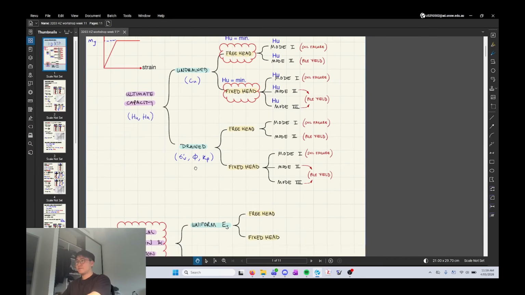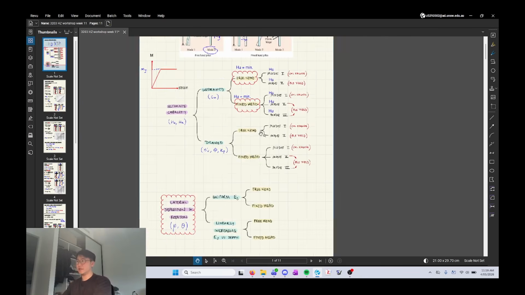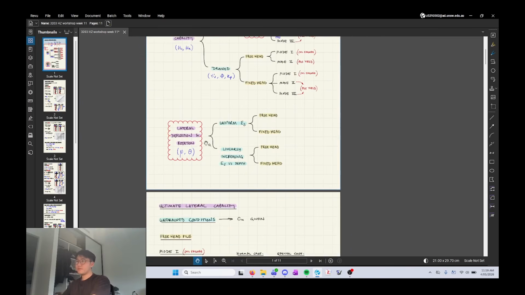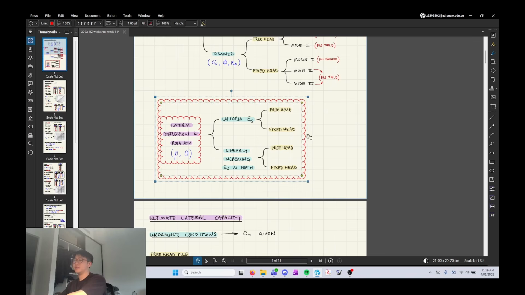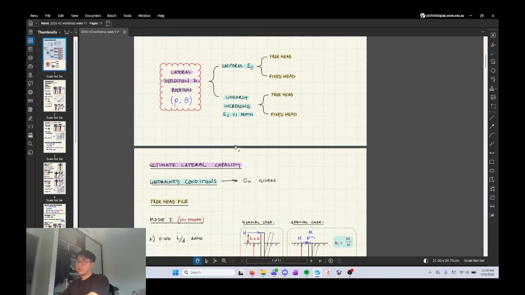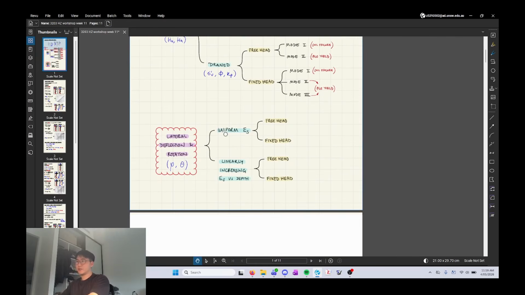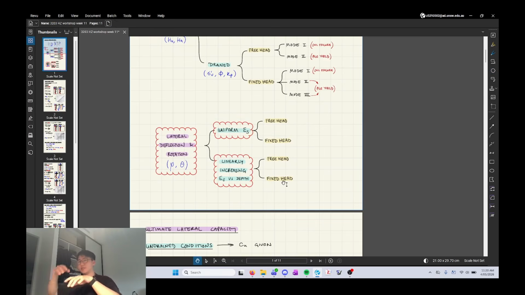Okay, and this is similar for drained, but the formulas are different, okay? But the theory is the same. Okay, and then we'll talk about serviceability, or how much it rotates and deflects at the top, at the ground level later. Oh, but essentially that's a function of whether your soil has a consistent elastic modulus, or the elastic modulus gets stiffer as you go deeper into the ground.